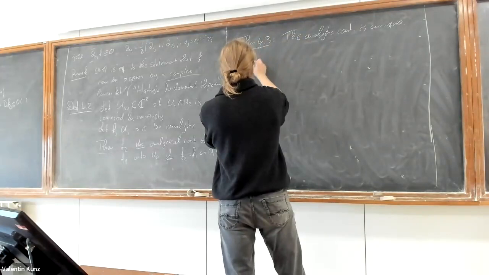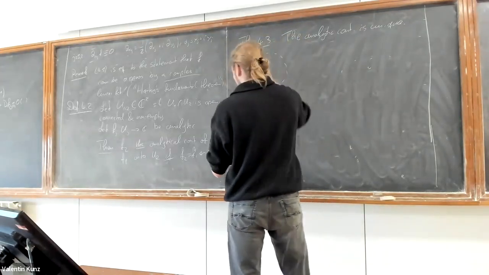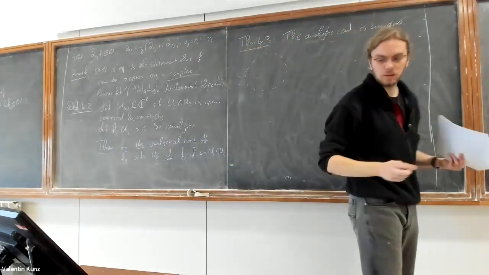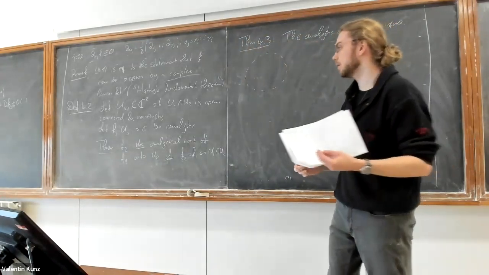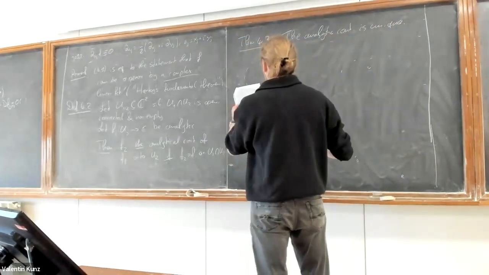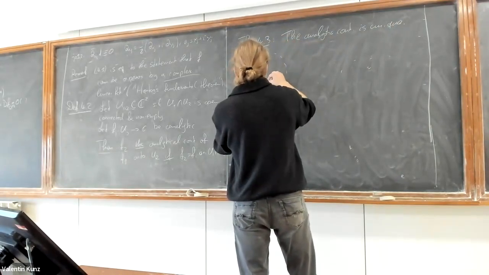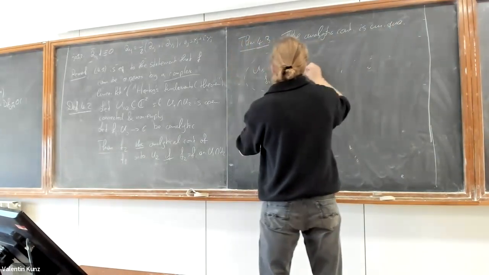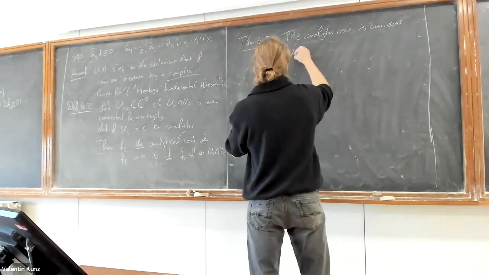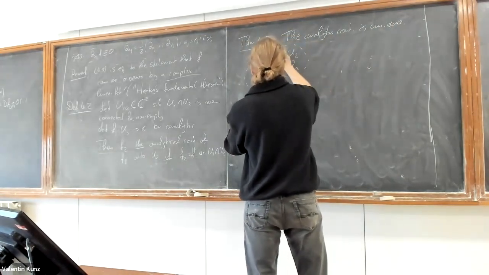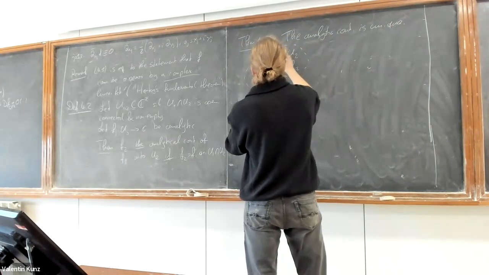But the picture is something like this. I don't have color. Well, I will look for color in the graph. So I have U1 here, and I have my function f1. I have U2, and I have a function f2.